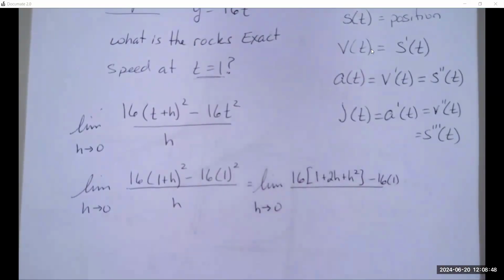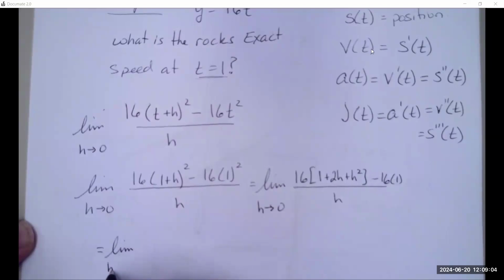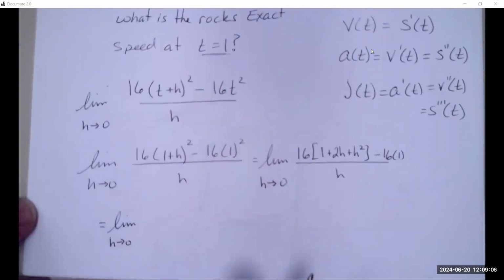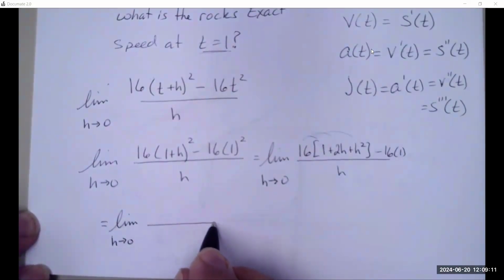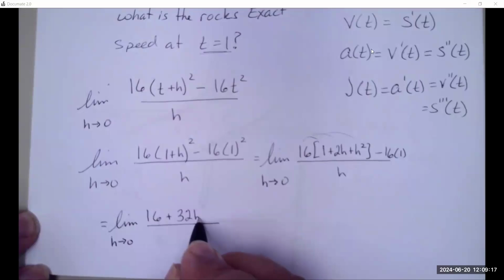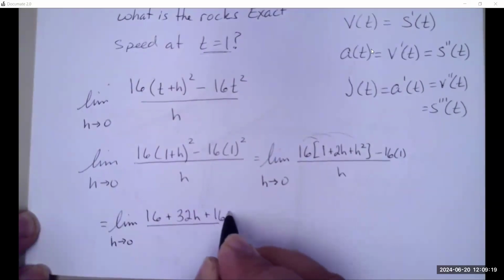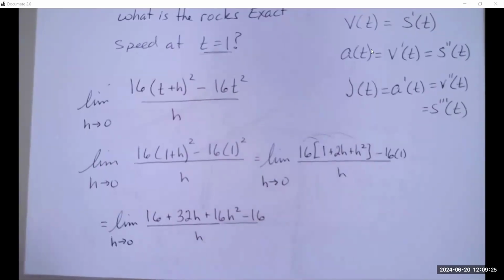That's what 1 squared is. All over h. Limit as h goes to 0. Distribute that. So on top we got 16 plus 32h plus 16h squared minus 16, over h.